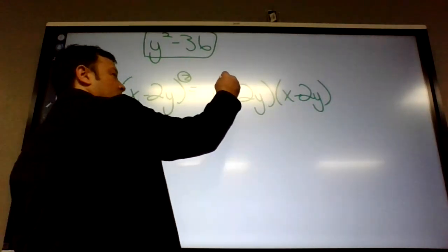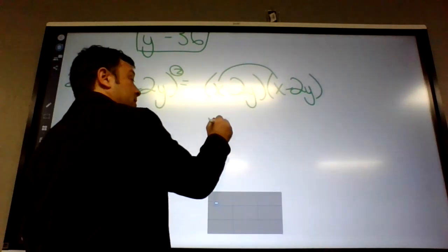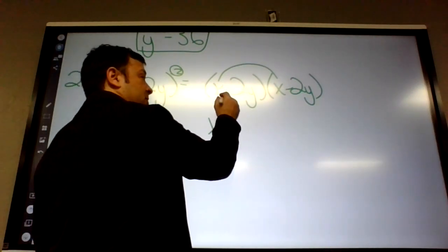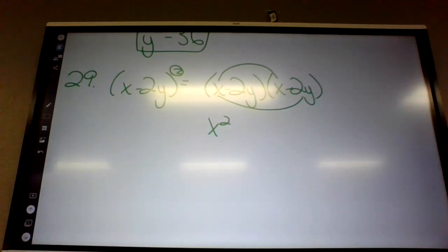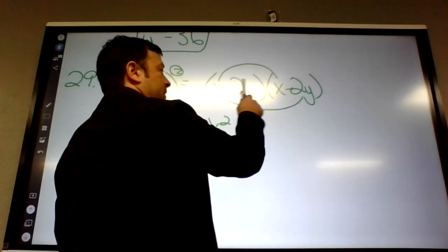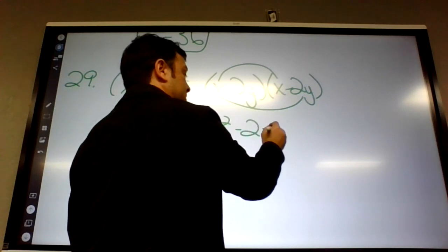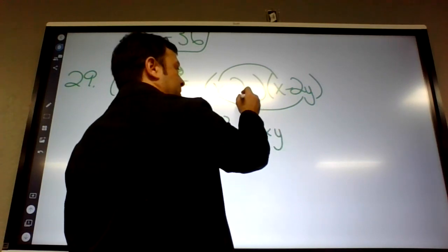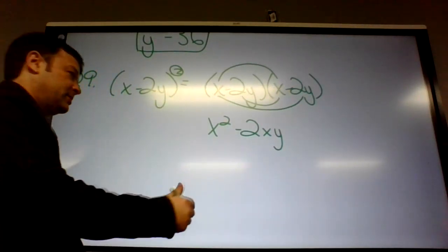So, Leah, what would first be? X squared. And then what would the outside be? Right. Well, negative 2x and a y. Can't really do anything with that, so it's just negative 2xy. How about the inside? Negative 2x. Right?